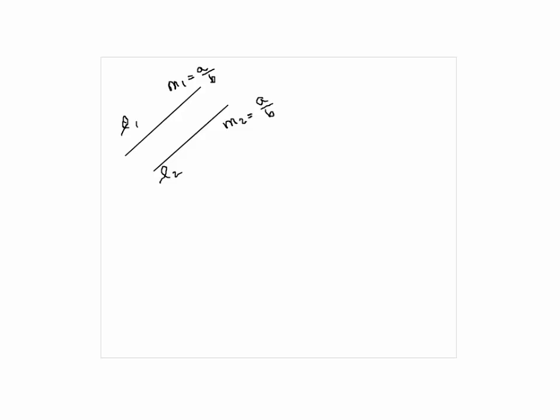If two lines are perpendicular, making a 90 degree angle, and the slope of the first line is A over B, what's the slope of the second line?